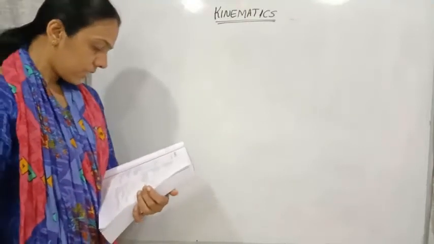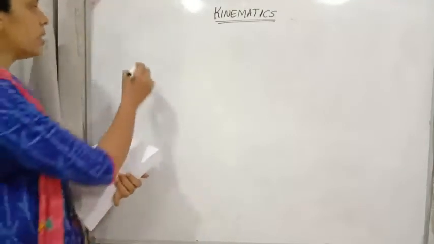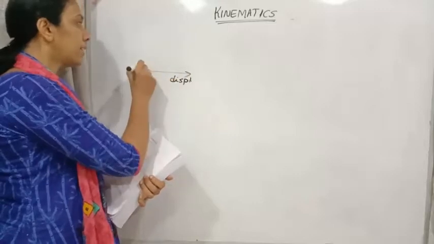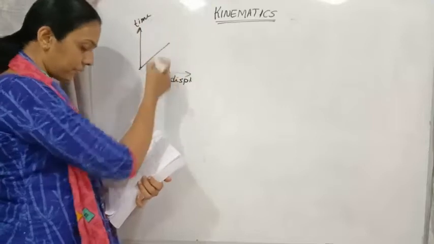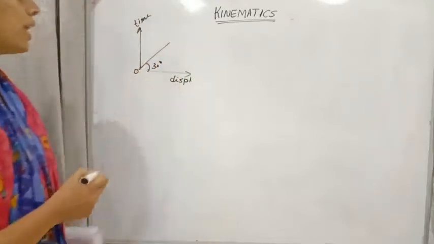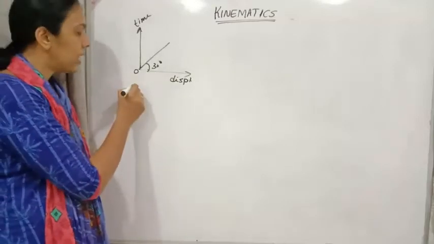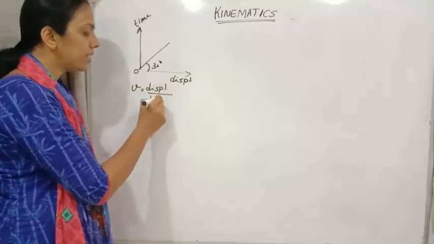So the first question is: from the displacement time graph, find out the velocity of a moving body. Displacement is given here and time is given here, and the graph is like this. It is making an angle of 30 degrees. From the displacement time graph, how can we find the velocity? Velocity equals displacement divided by time.